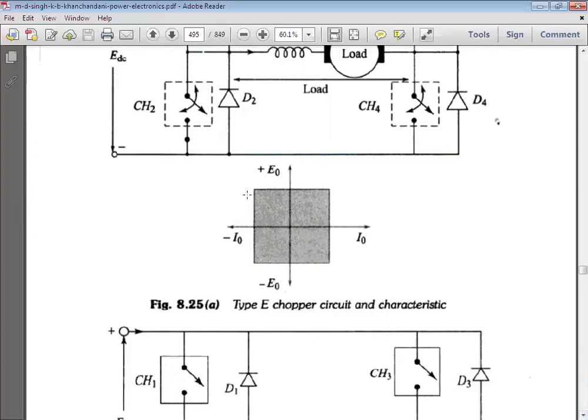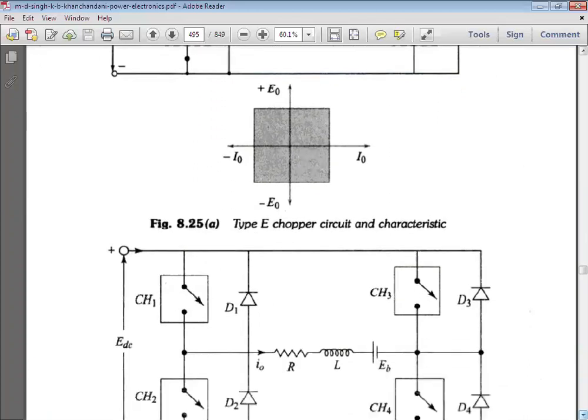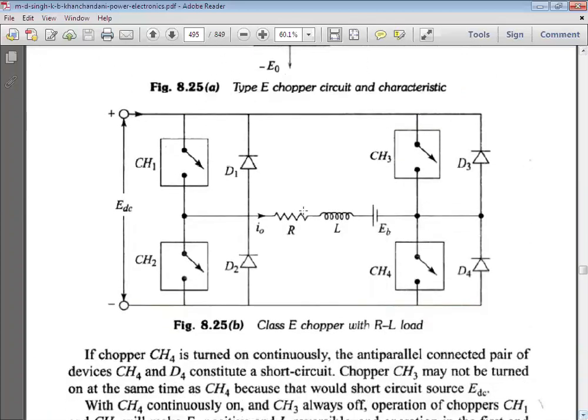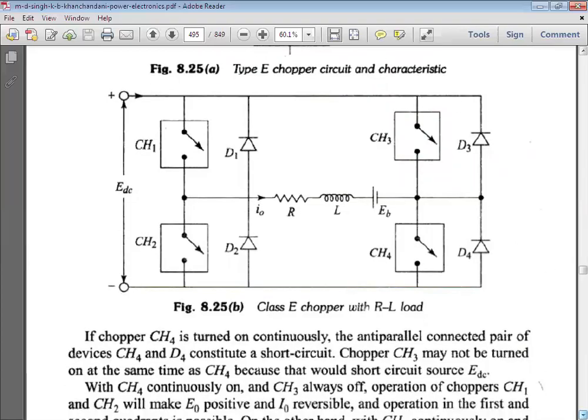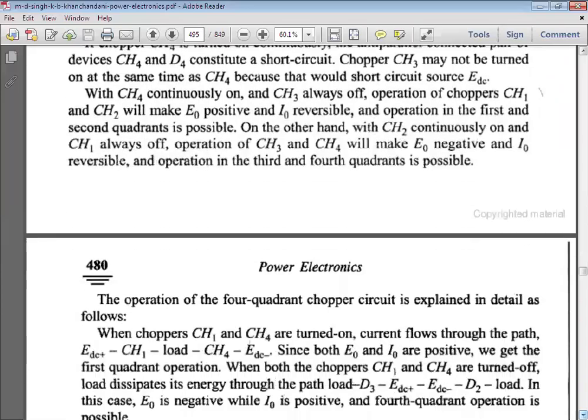You can see its output voltage and output current characteristics. In simple manner, by removing the motor, this is the simple configuration for type E. Now we will see how it works.